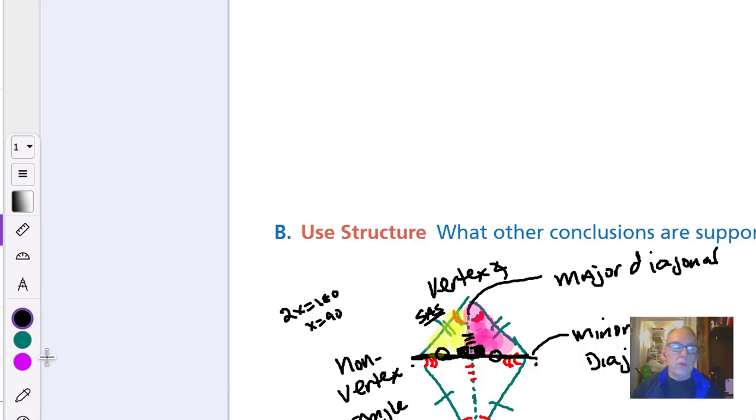So we can say from all that the major diagonal is the perpendicular bisector of the minor diagonal.